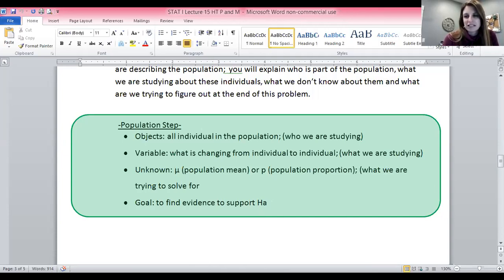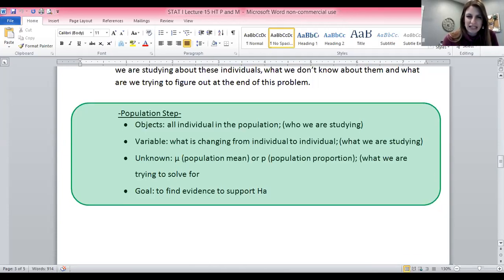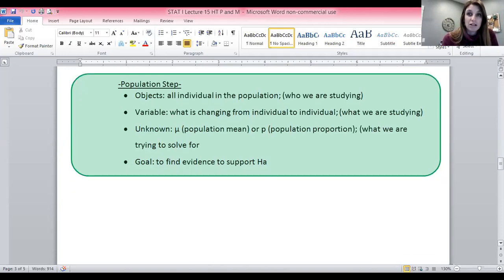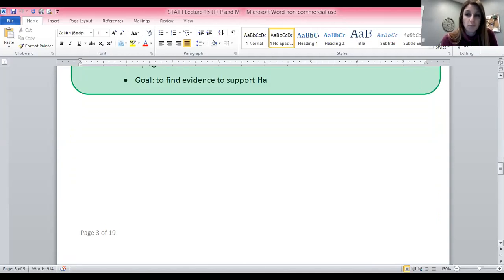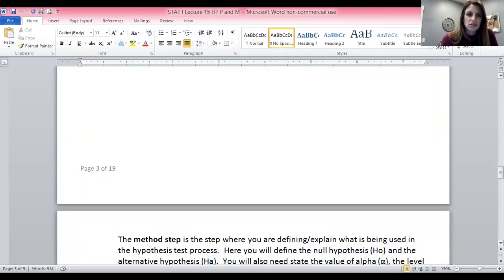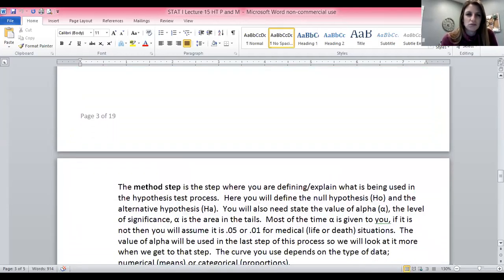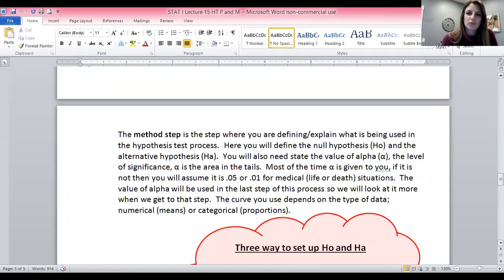And then when you get to Stat 2, you get really good at it, and you kind of already have an idea of how you're going to define your HA before you start your process, so then you can write your goal right away. But that's what I always kind of tell people, okay? So that's my first step. I also want you to note that we have 5 steps, but within each step you have 4 parts. So it kind of helps you keep on track. It helps you recognize if you're forgetting something, okay?